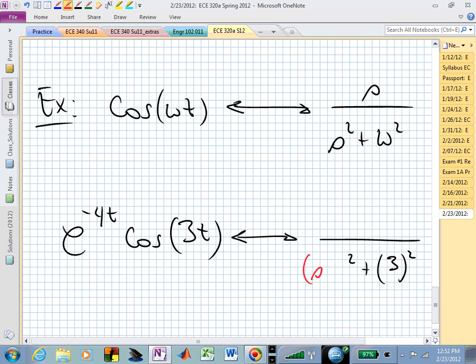What's a in this case? It's 4. And we had an s upstairs in the normal undamped cosine waveform. Now we replace that s with s plus 4. And that's now the Laplace transform of an exponentially damped cosine waveform.